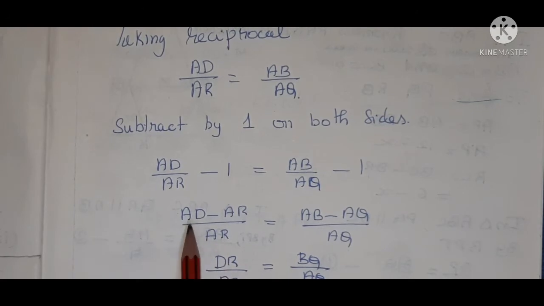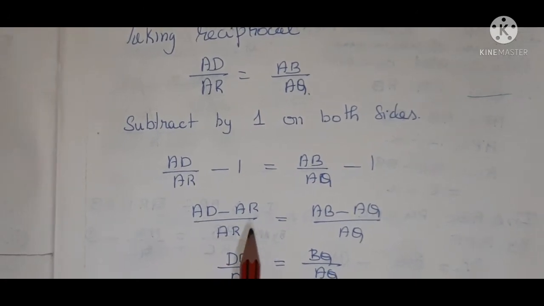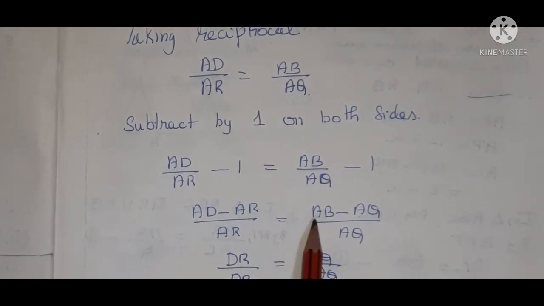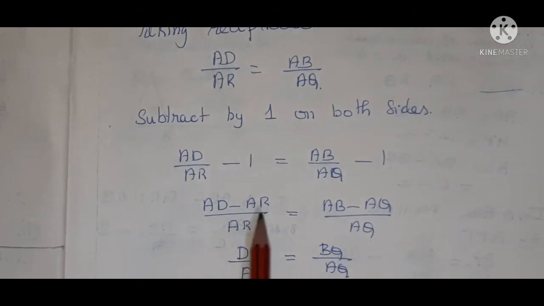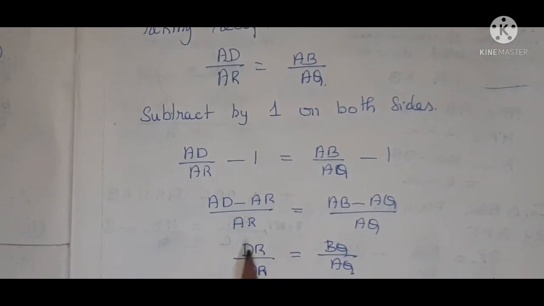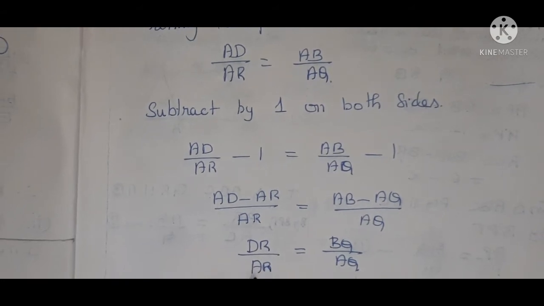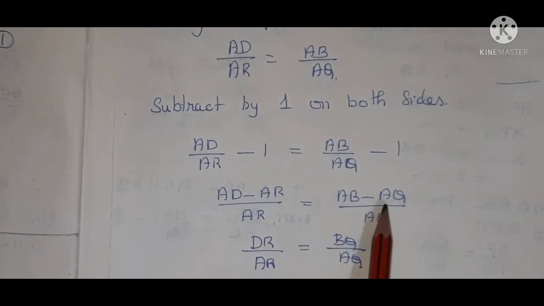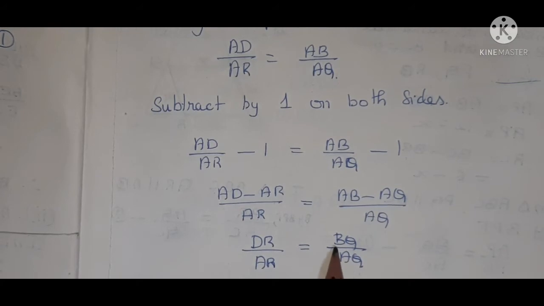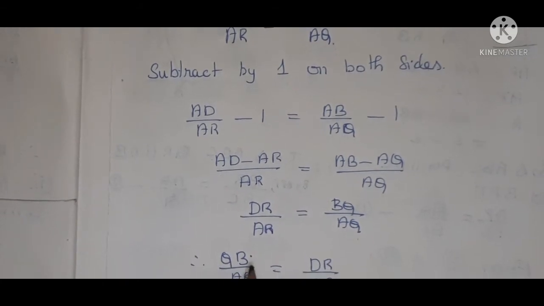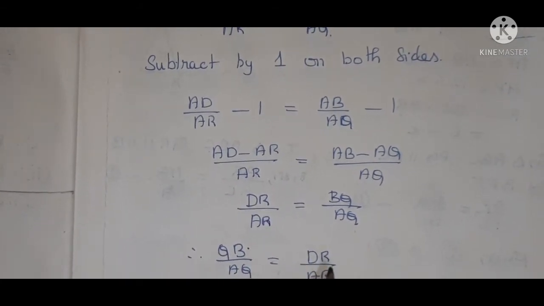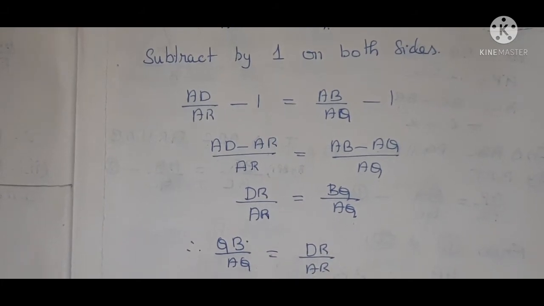LCM is AR, AD minus AR by AR is equal to AB minus AQ by AQ. AD minus AR is DR by AR. AB minus AQ is QB by AQ. We get the result QB by AQ is equal to DR by AR.